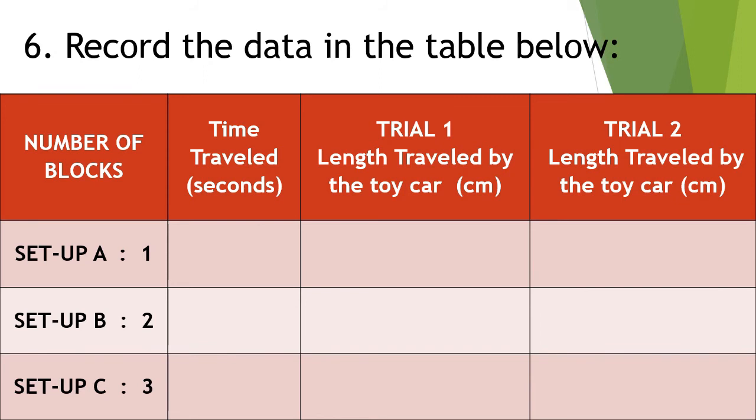So one block for setup A, 2 blocks for setup B, and 3 blocks for setup C. Then we also need to record the time traveled by the toy car and its distance traveled in trials 1 and 2. So this is still part of the mathematics phase of the STEM approach, because it involves recording of data, especially since these are numerical data.